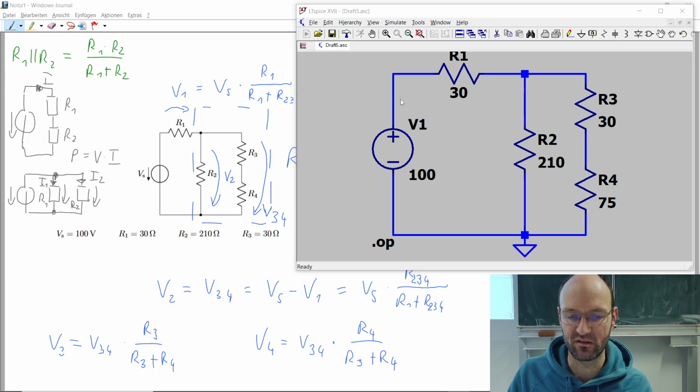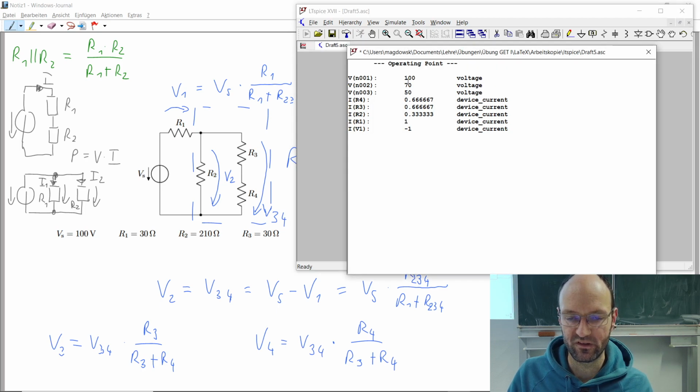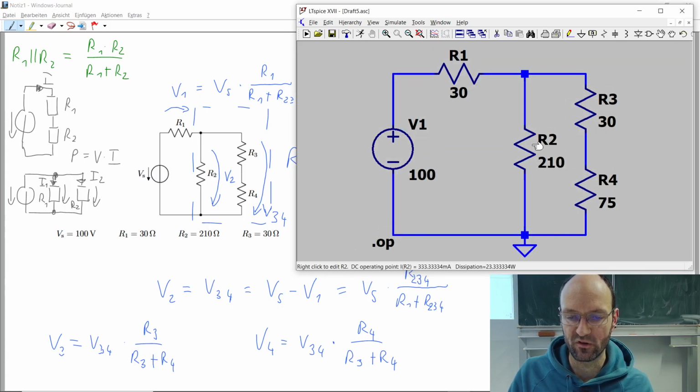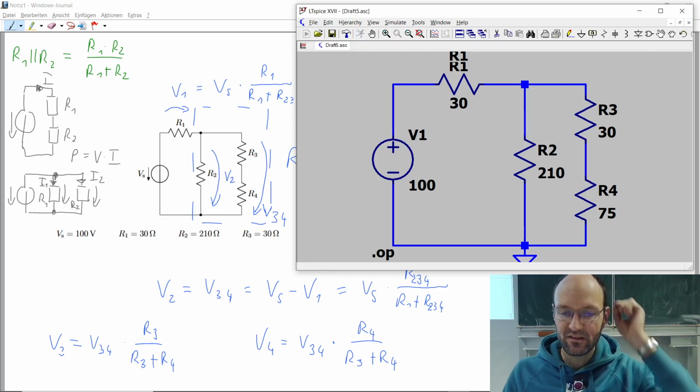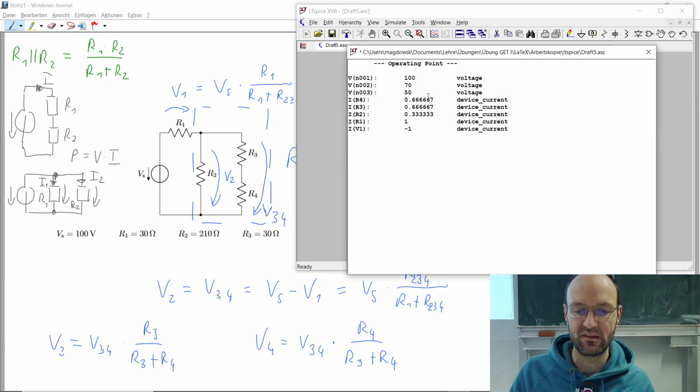So now we can simulate and we get some result. We see, okay, we get the voltages that we calculated before, something with 70 volts and 50 volts, and we get different currents, and we get the total current of 1 ampere flowing through our circuit. And in this result, you won't directly see the power because here you only see currents and voltages.